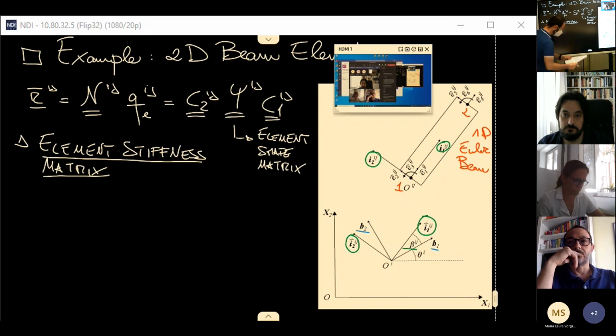All right, so as usual, when we think about the stiffness matrix, we think about the elastic energy associated to the body, no?